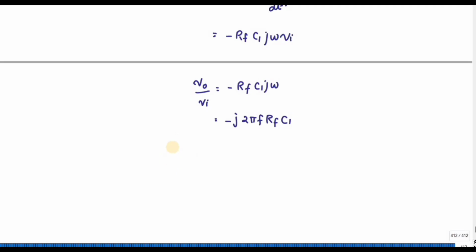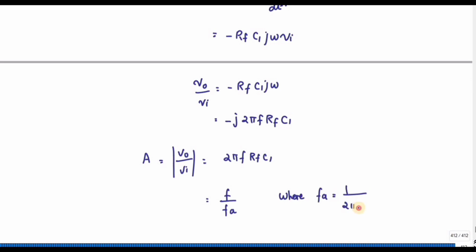If I take the magnitude of this, that is my gain, equal to 2 pi f RF C1. I can write this as f divided by fa, where fa is nothing but 1 divided by 2 pi RF C1.